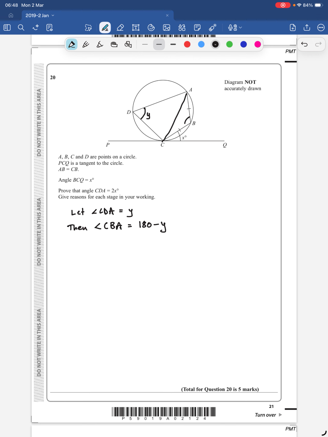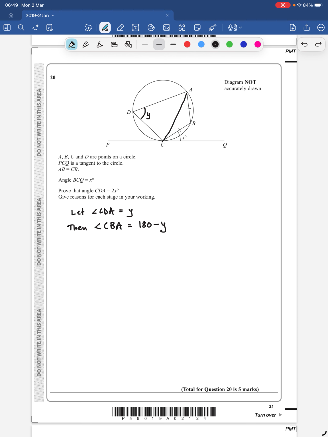So this angle here must be 180 minus y, and I'm using a circle theorem there that the opposite angles in a cyclic quadrilateral, that's a quadrilateral inscribed within a circle where the points are on the edge of the circle, are supplementary. That means they add up to 180.